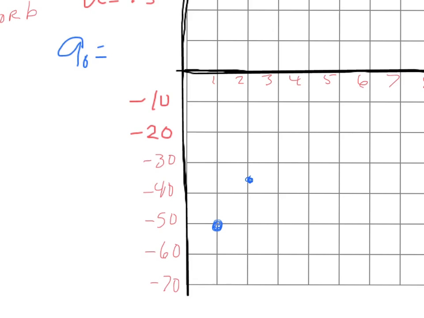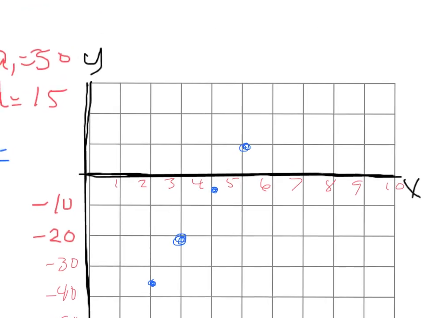But you could have said, well, it's up 15 every 1, but it's also up 30 every 2. So you could actually skip. You can go up 15 over 1, or you could go up 30 over 2, and you land right there. And then again, 15 over 1, and then keep that going. And then we're going to be out of room. You get the idea.